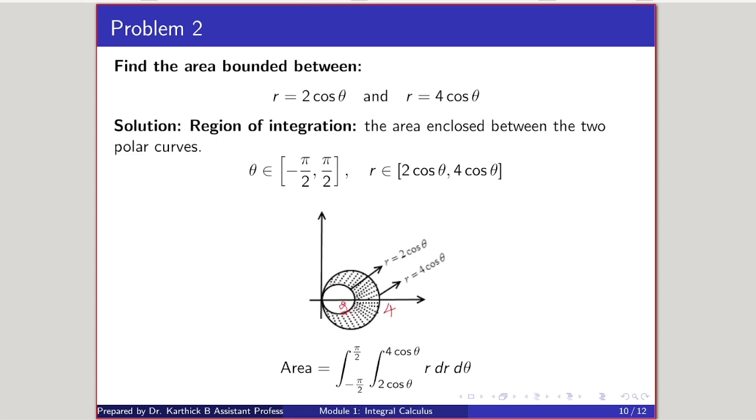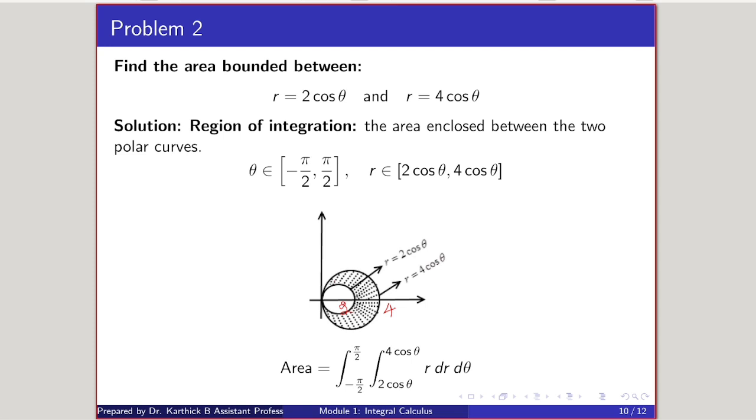So the diameter of each circle will take the value of a. So here the value of a equal to 2, that will be a small circle with diameter 2, and r equal to 4 cos theta, there will be a circle which has diameter 4.